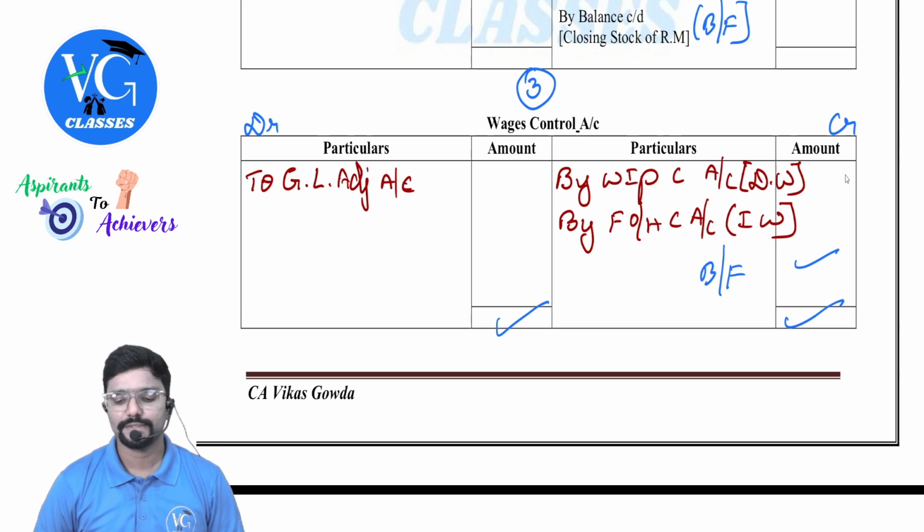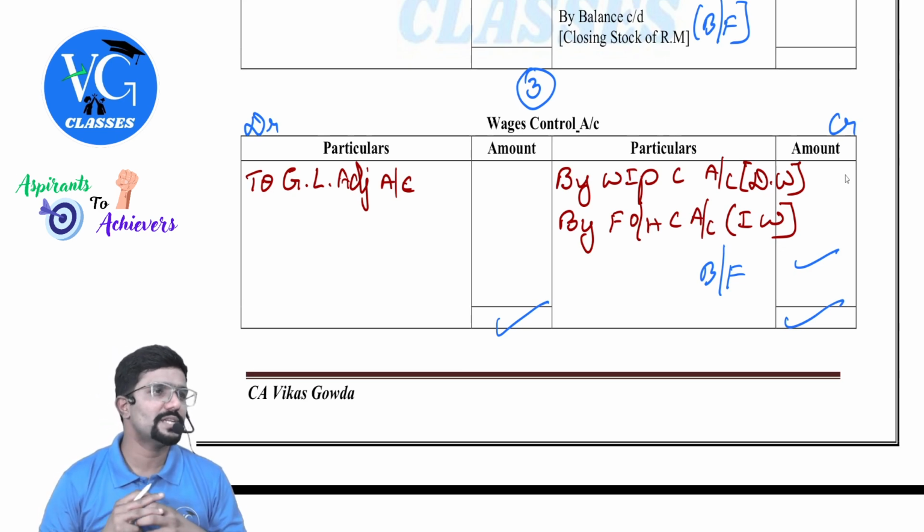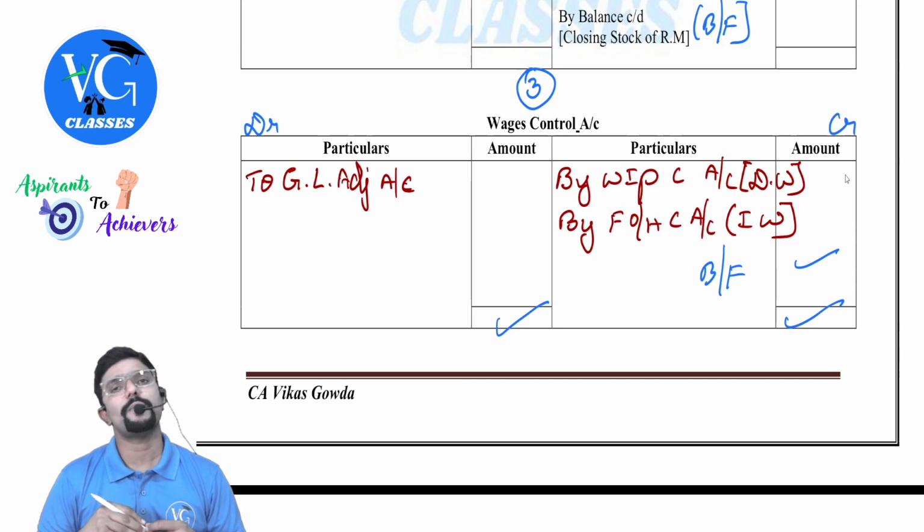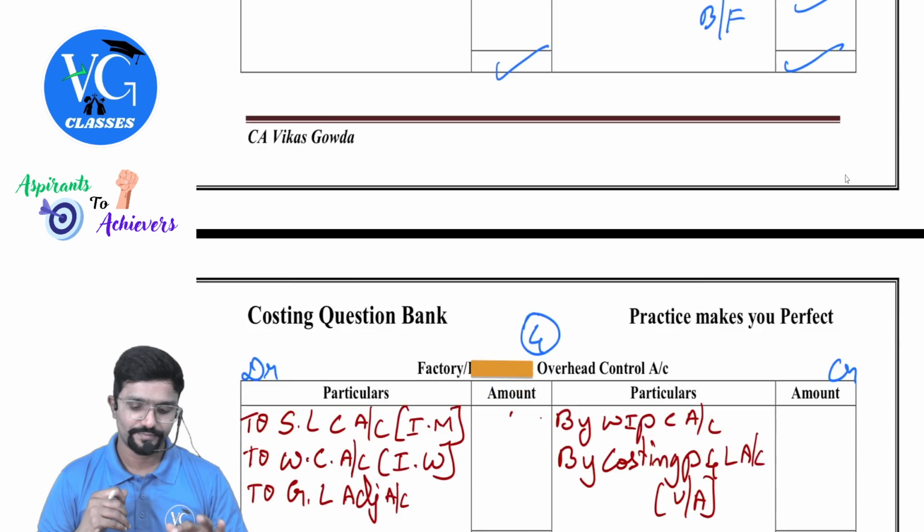If there is any difference between the debit and credit side, the debit side only will be more. It can never be the credit side, as there is nothing called abnormal gain here. So if the debit side is more, you write the balancing figure as wages paid for abnormal idle time.